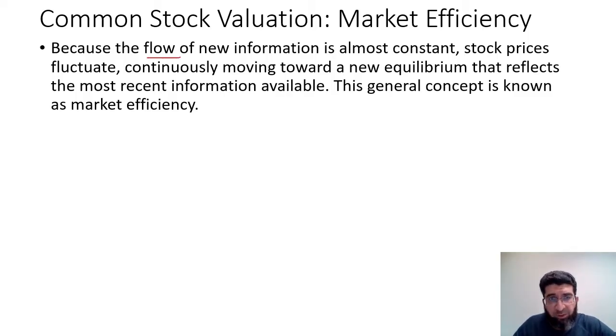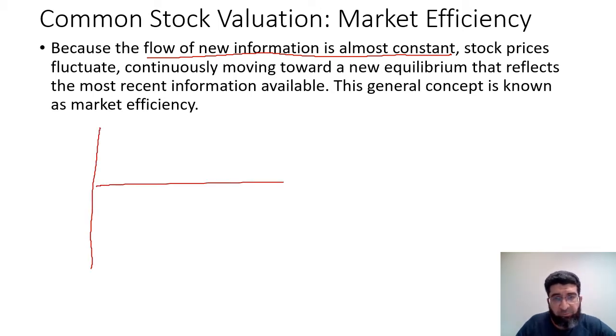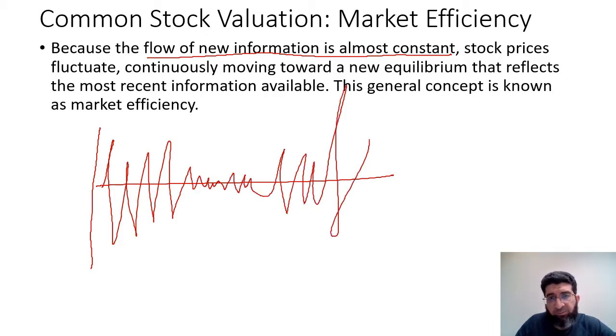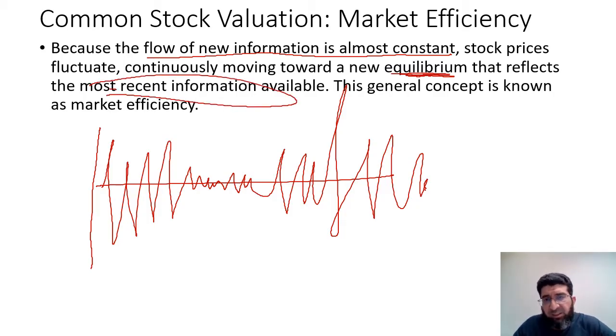Because the flow of information is almost constant, stock prices, if you have witnessed, fluctuate a lot. Sometimes small fluctuations, sometimes big, and sometimes very huge fluctuations. These continuous fluctuations mean that the equilibrium moves to a new point that reflects the most recent information available. This general concept is known as market efficiency.